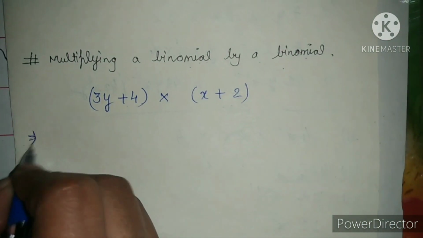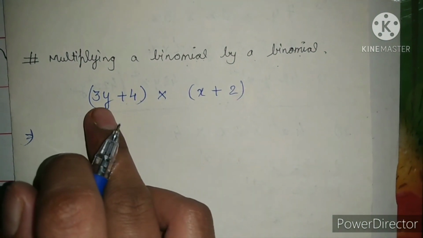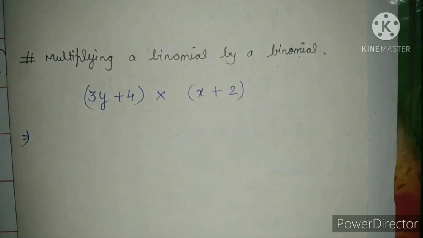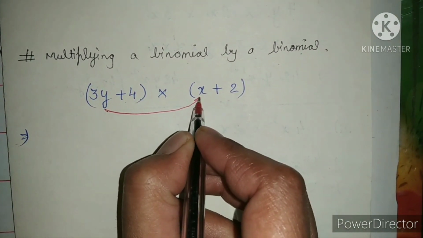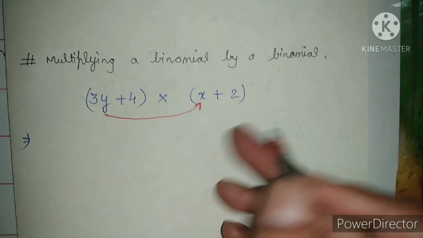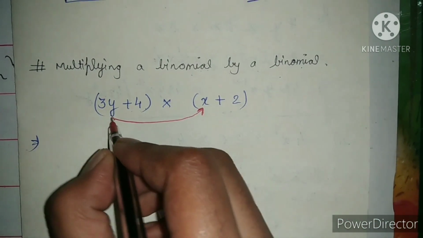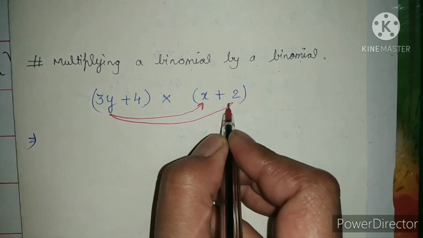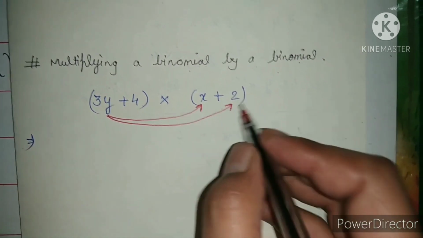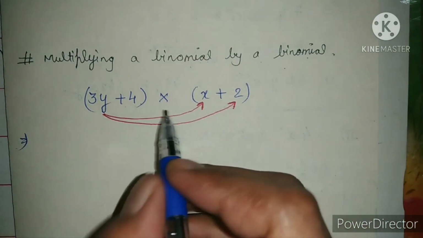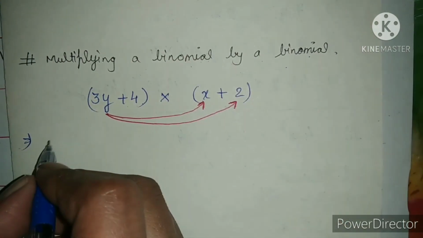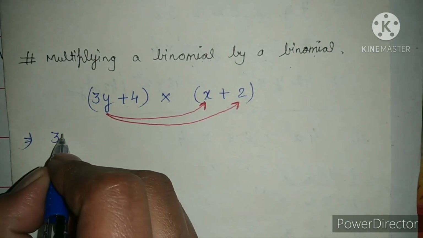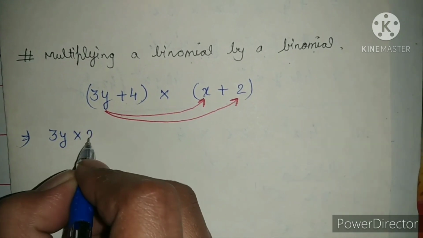In this we can take any one from the first one, so firstly it will go near to the first of the second bracket, and next time it will go near to the second one. So firstly it is going to x, so 3y is multiplying by x.